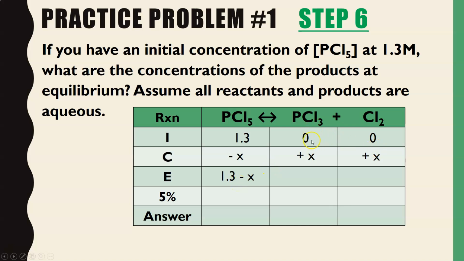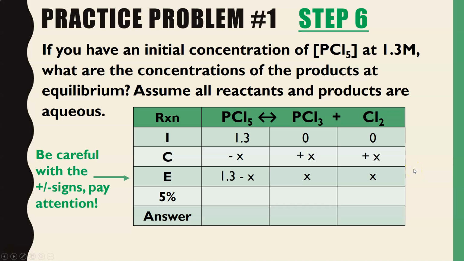At equilibrium, I started with a 0 and I've gained this amount. So my concentration is x. And over here, same thing, my concentration is x. Make sure you're careful with those plus and minus signs. Be very careful with those.